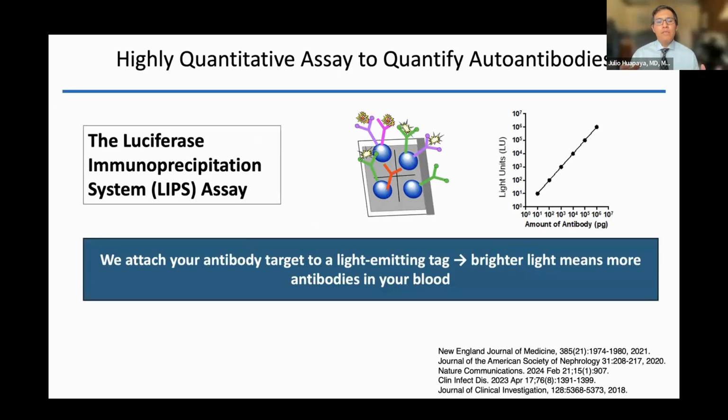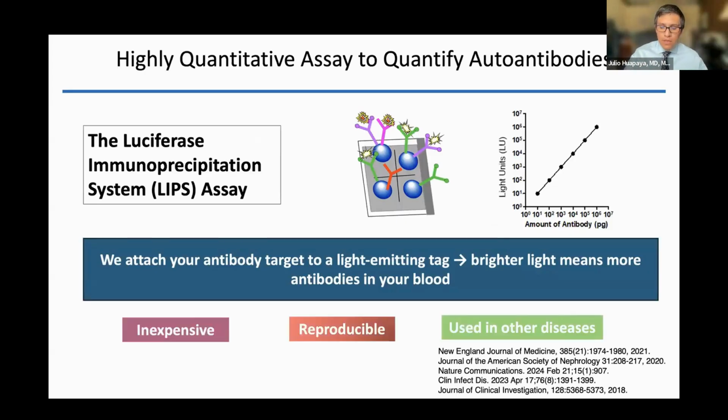In simple terms, you can imagine we attach the antibody target to a light-emitting tag, and the brighter the light gets, the more antibody you have. There's a linear correlation. This test, even though it's not available routinely and is more for research purposes, is not very expensive. It's highly reproducible and has been used in other diseases.